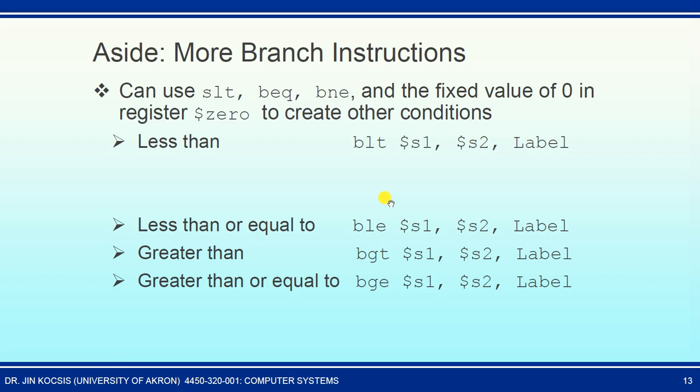Let me say one more time. Branch if less than, branch if less than or equal to, branch if greater than, branch if greater than or equal to. Those instructions are not included in the official instruction set. Therefore, they are considered pseudo instructions, because the assembler can understand them and translate them into the regular official instructions.